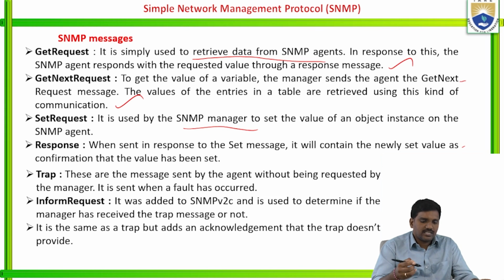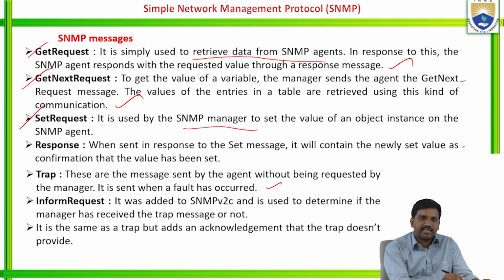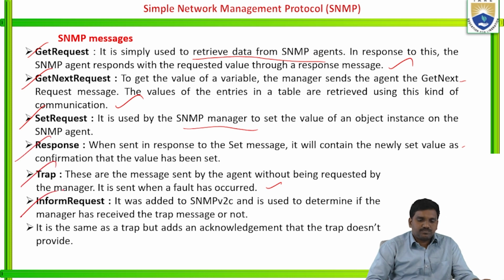These are messages sent by the agent without being requested by the manager. It is sent when a fault has occurred. Inform request was added by SNMPv2c and is used to determine whether the manager has received the trap message or not. So these are the SNMP messages: get request, get next request, set request, response, trap, and inform request.